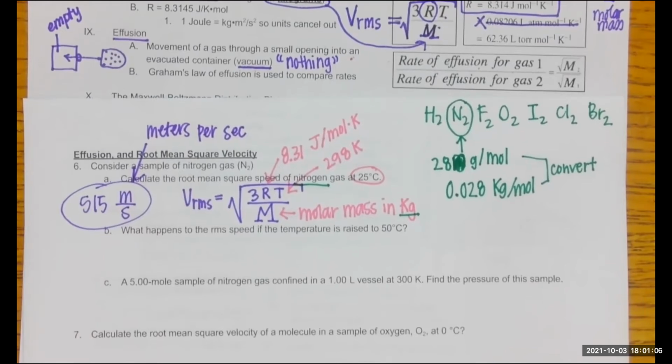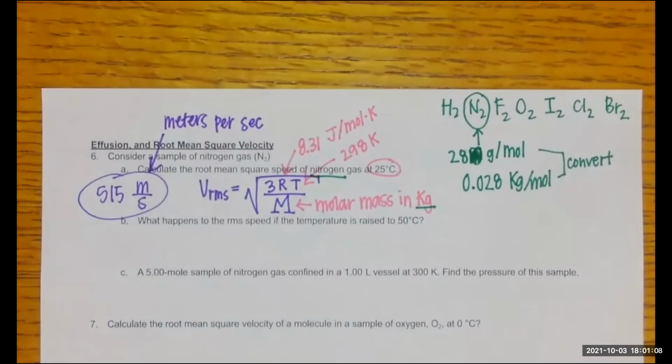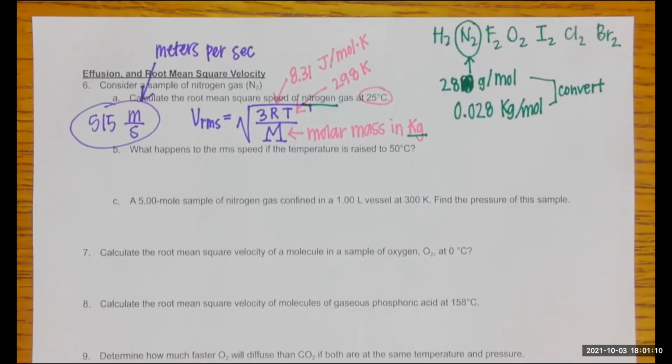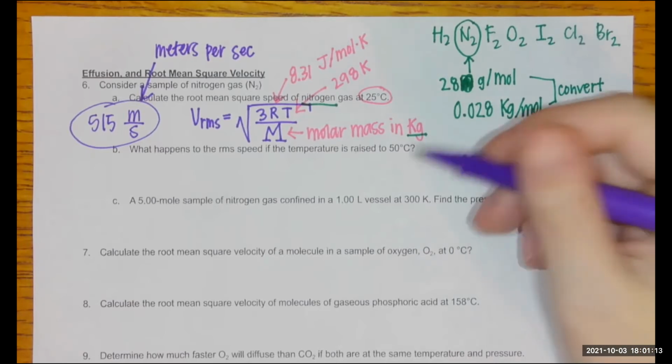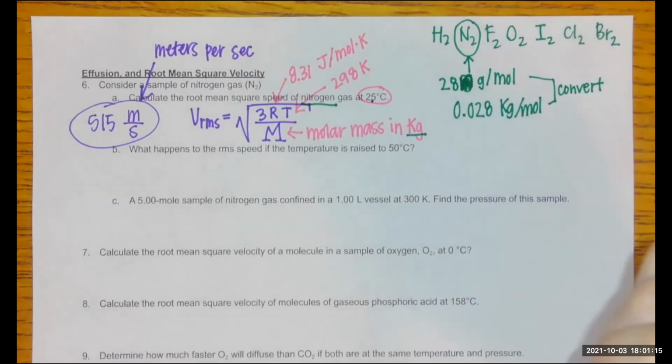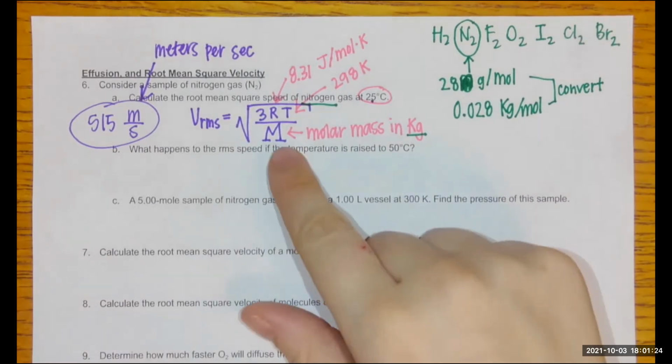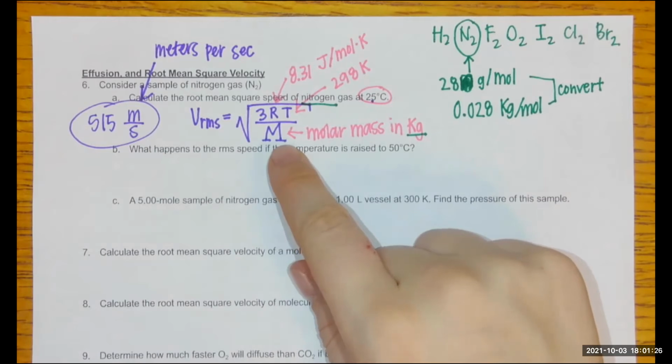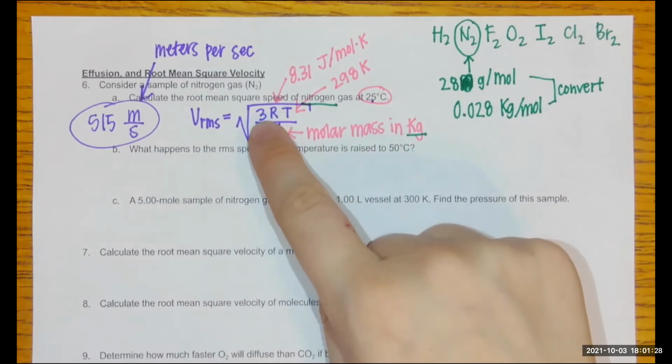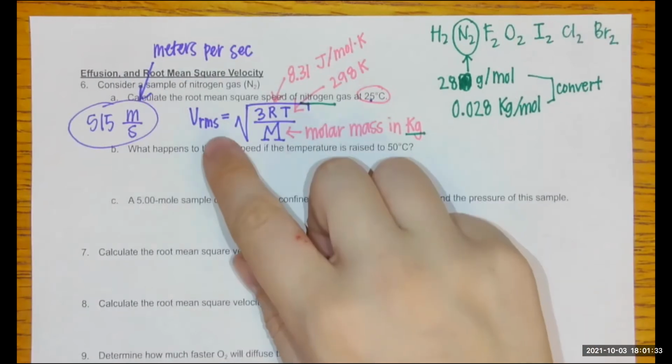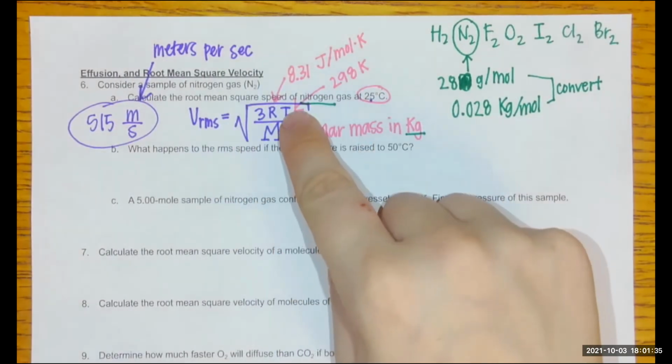What happens to the VRMS speed if the temperature is raised to 50 degrees Celsius instead of just being 25? Okay. So assuming that everything else is staying the same, like the molar mass of the sample isn't changing, R isn't changing, 3 isn't changing, I pretty much am just comparing the square root of the temperatures, right?